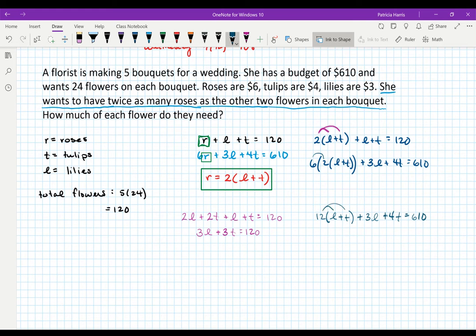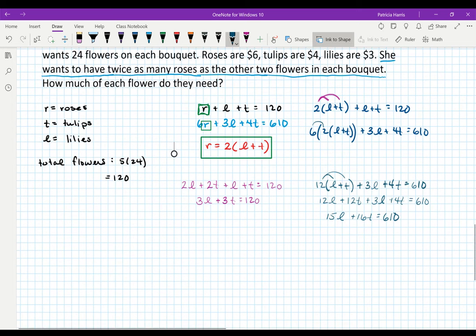Distribute by 12. Combine like terms. And we get that.